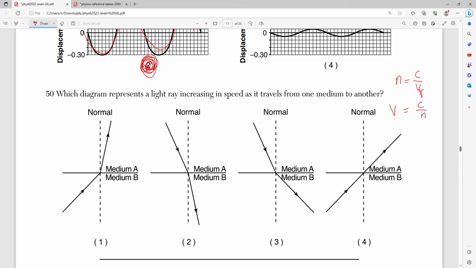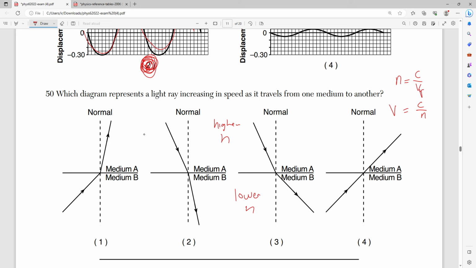In other words, the greater the index of refraction is, the slower the velocity the wave will travel. So really, what I'm trying to see is something that goes from a higher n to a lower n, because it's saying that the light ray is increasing in its speed. It's going from a higher n, which means you're dividing c by a larger number and making it smaller, to a smaller n, which is dividing c by a smaller number.